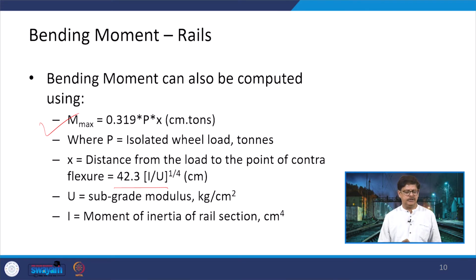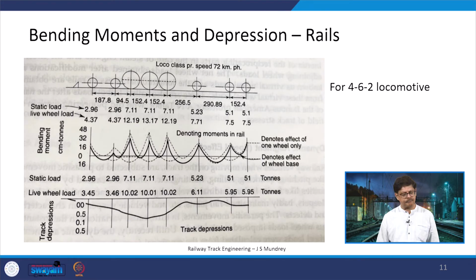So, if these two values are known to you, then we can calculate the value of x, and then we put in the value of x, P is already known to us. So, that will give us the maximum bending moment. So, this is another way of doing it.